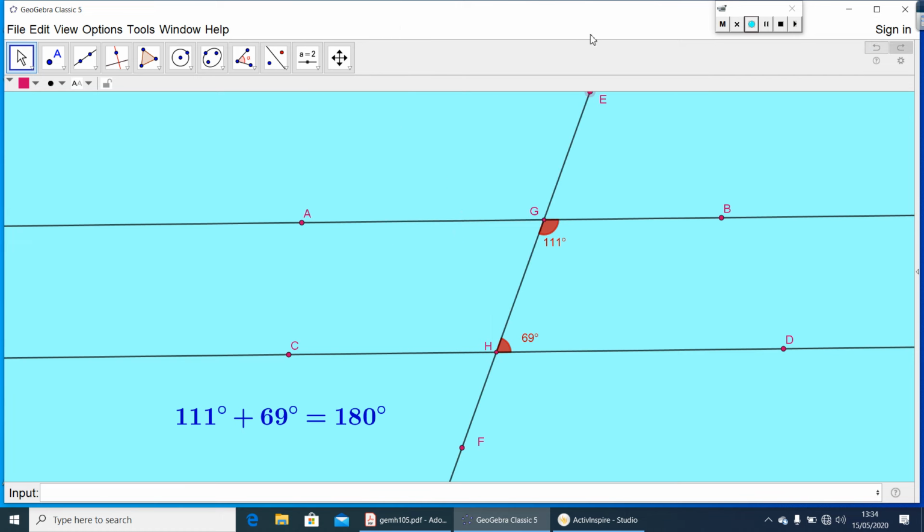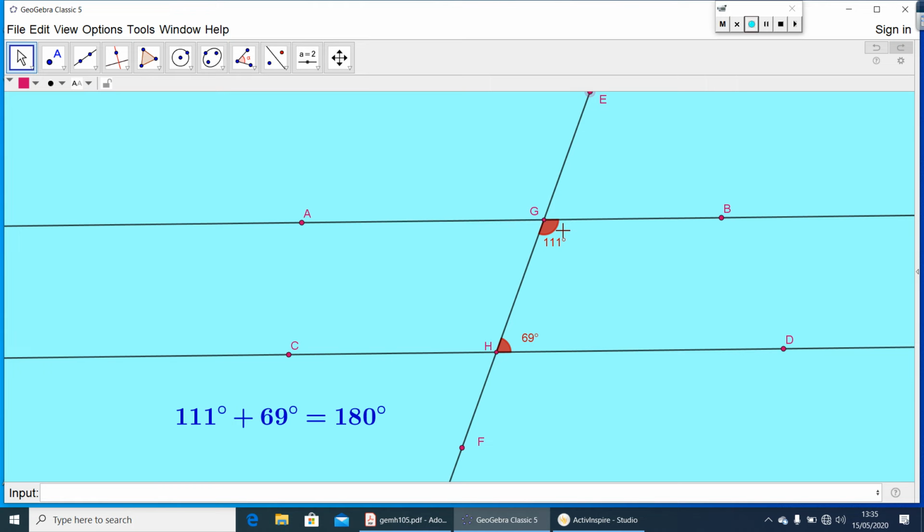If sum of two angles is 180 degree, then those angles we can call it as supplementary. So we can conclude, if lines are parallel, the interior angles on the same side of the transversal are supplementary. That means their sum is equal to 180 degree.